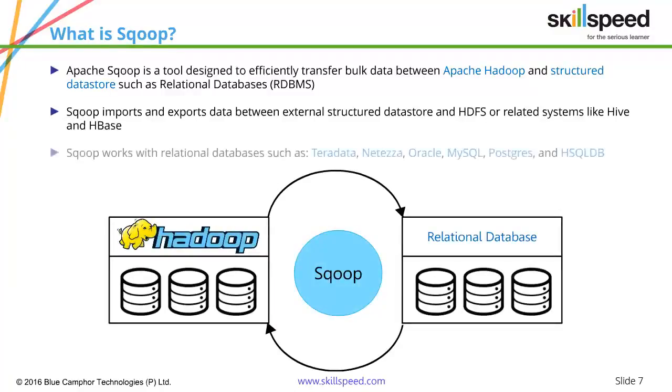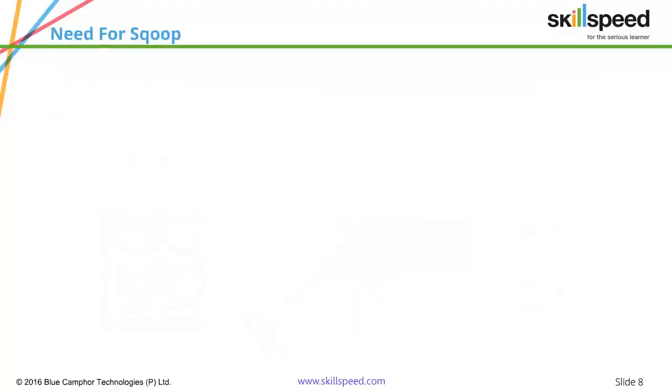The advantage of Sqoop is that it works very well with most of the RDBMS available in the world, such as Teradata, Netezza, Oracle, MySQL, Postgres, etc. So you will not find it difficult to implement Sqoop, because most organizations will have one or the other RDBMS that I have just mentioned, and Sqoop allows connectors to connect to them and directly import the data.